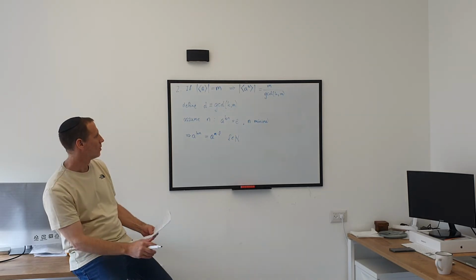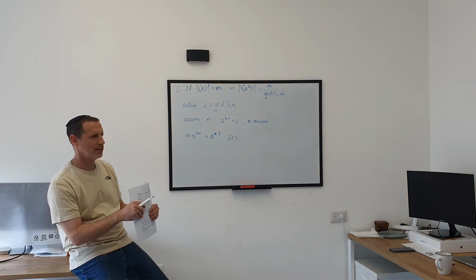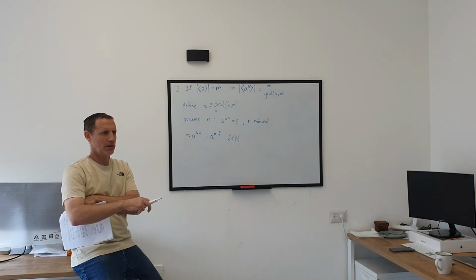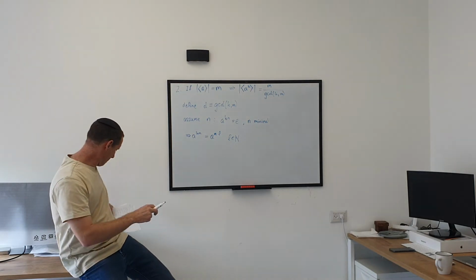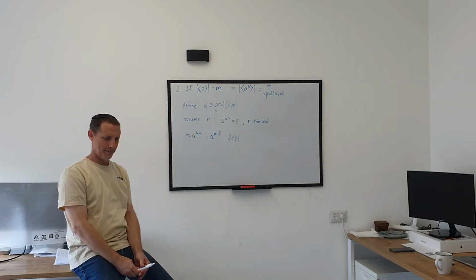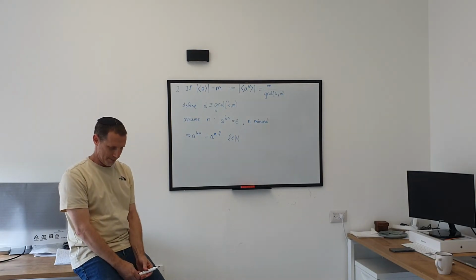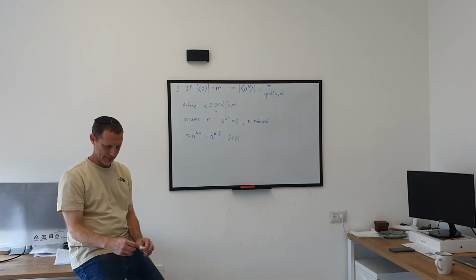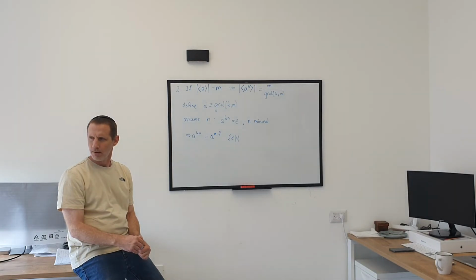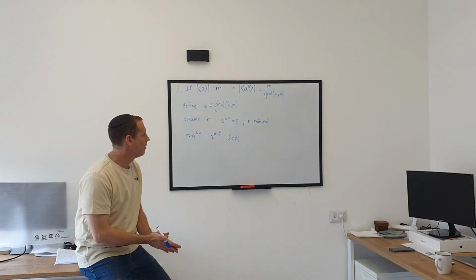Maybe I finish all the elements in the group, and then I multiply one more time, and I get not to the identity but to another element.